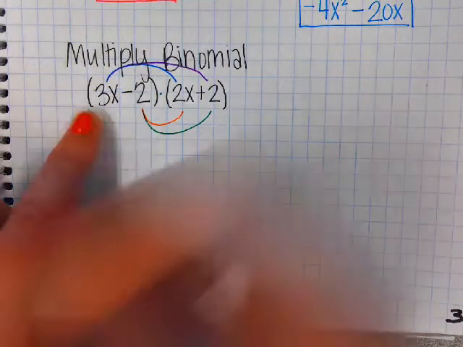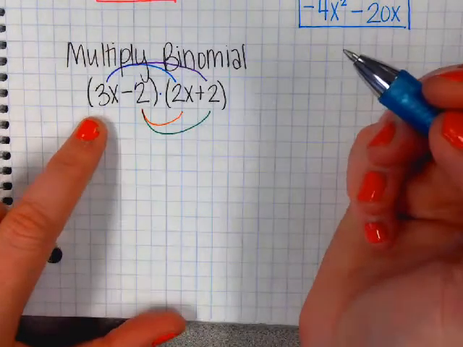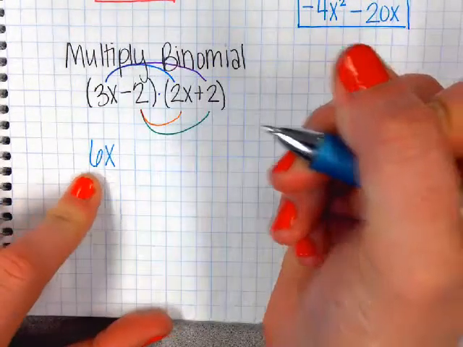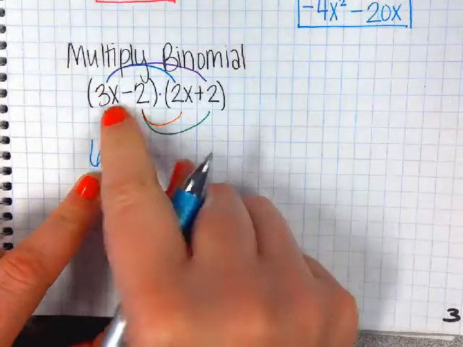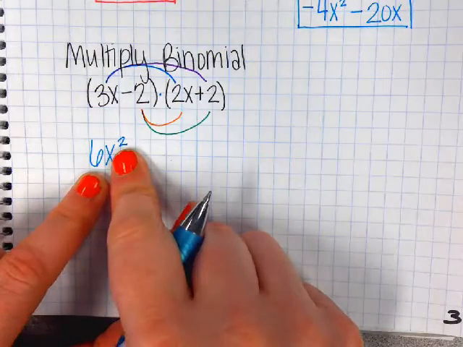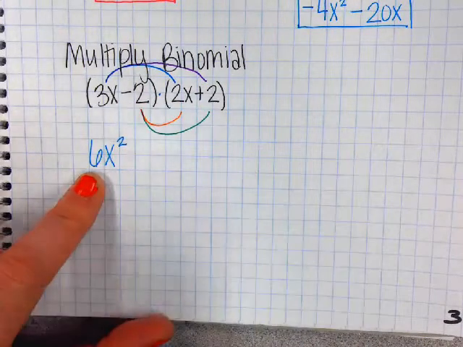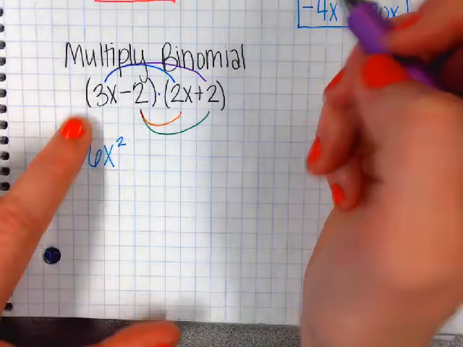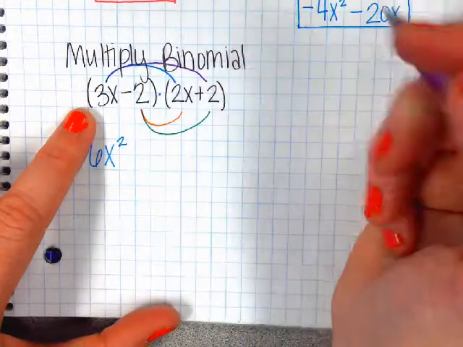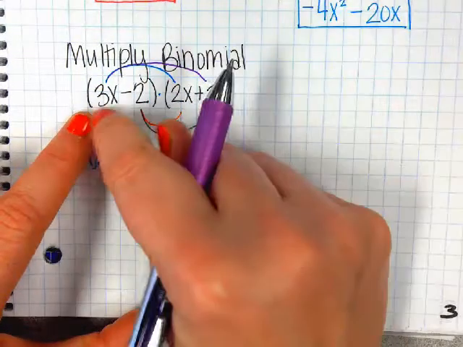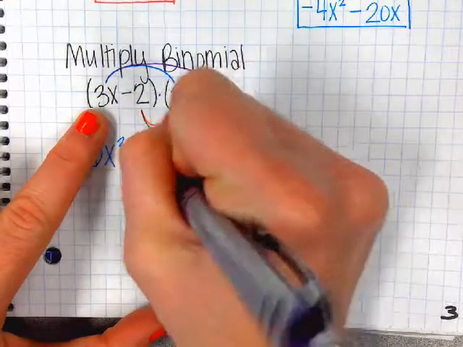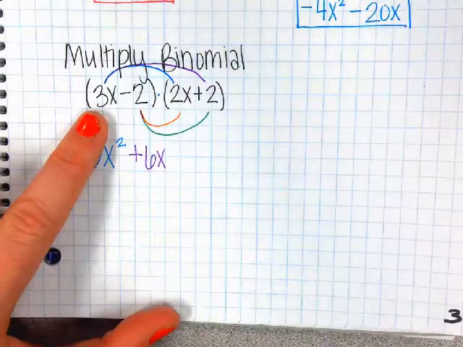So what is a 3x times a 2x? 6x, what? Squared, because remember x times x gets written as x squared. Okay, what's 3x times 2? So 3 times 2 is 6, and you also have the x, so it'd be 6x.